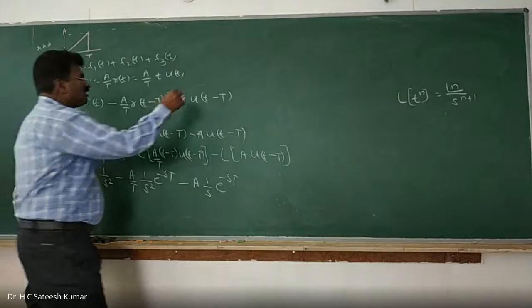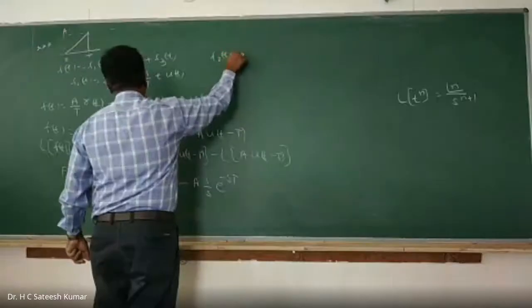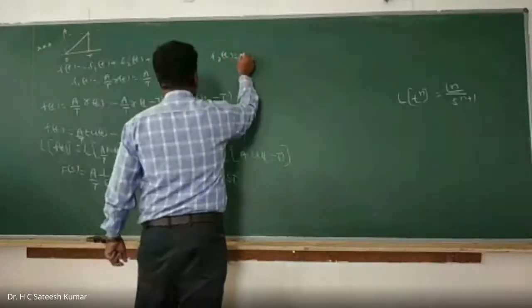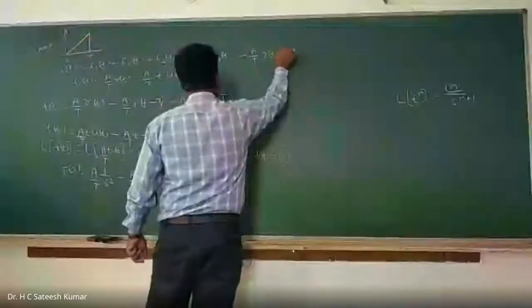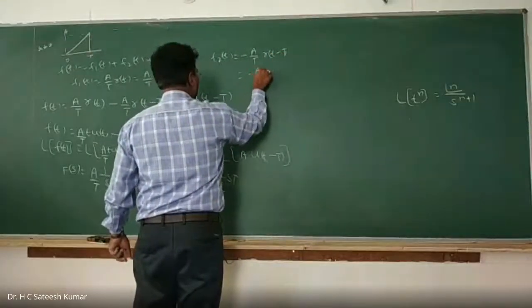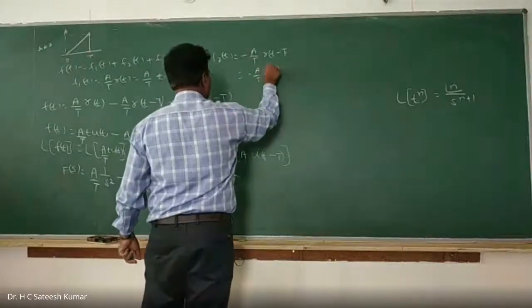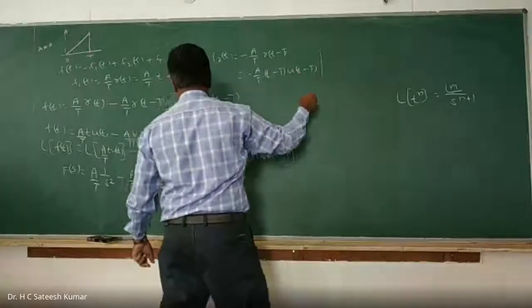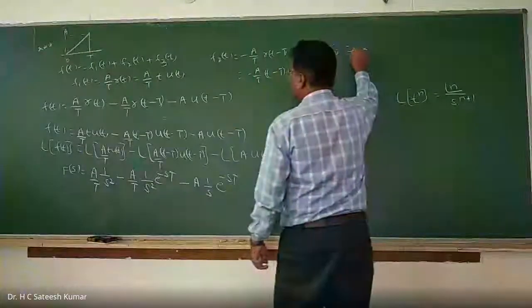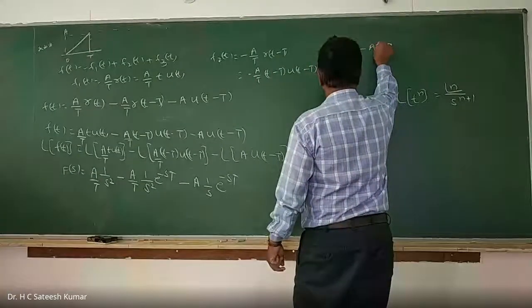And f2 of t is equal to minus a by t into r of t minus t, which is nothing but minus a by t into t minus t into u of t minus t. And f3 of t is equal to minus a into u of t minus t.